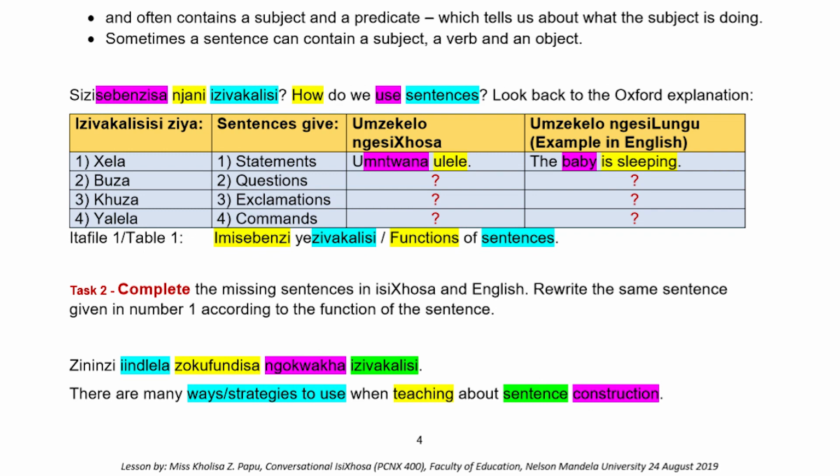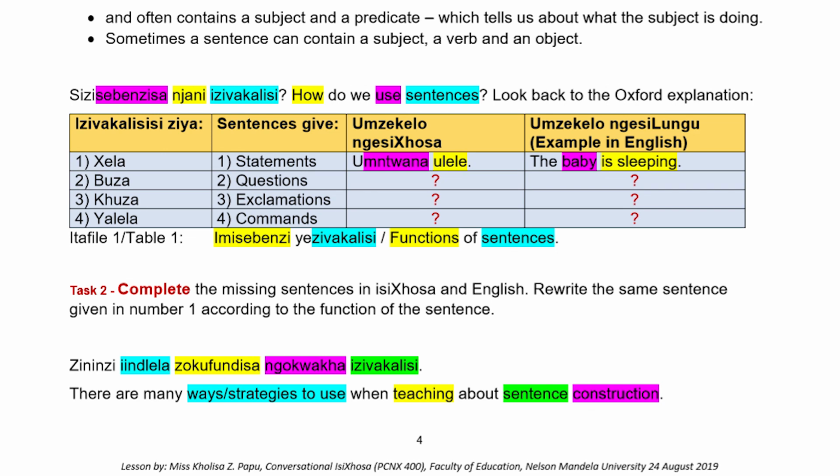The sentence that is given as a statement is umntwana ulele. The baby is sleeping. So, as you can see, there are 4 columns. The 4th column is the English expression of the IsiXhosa words on column 3.